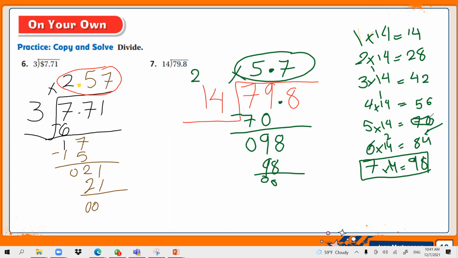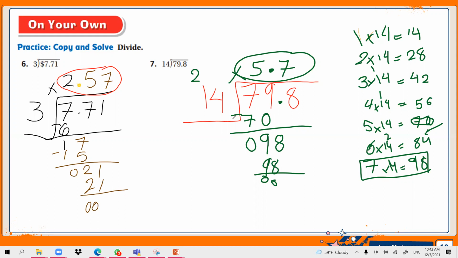So you will take the last one, which is 70. Now, here the divisor is 14. So what is the number that you multiply by 14 to get 70? 5. So you write 5 up. Then you multiply 5 times 14. It will be 70.